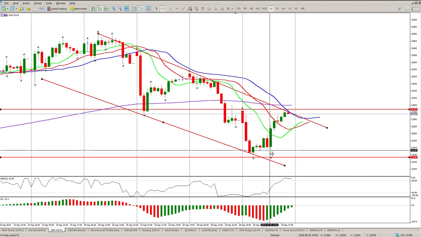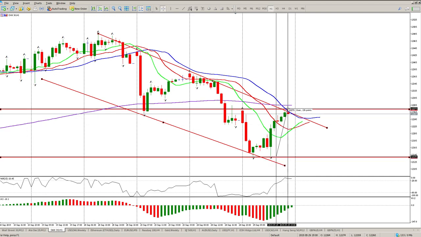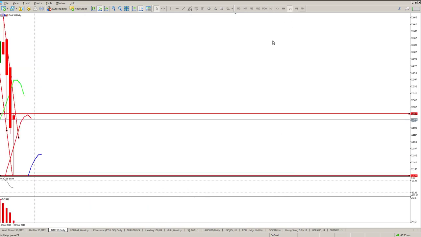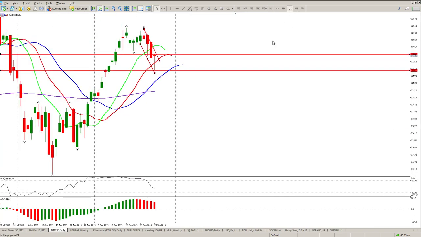Okay, so it is a 150 point move, but I think the most important part here is look at that pin bar. Okay, it's a pin bar on the daily. Buyers have stepped in here. So a break above the pin bar validates a long, and the stop is here.